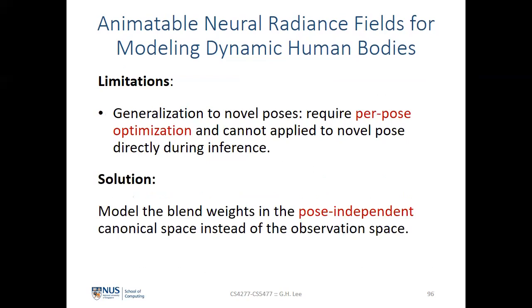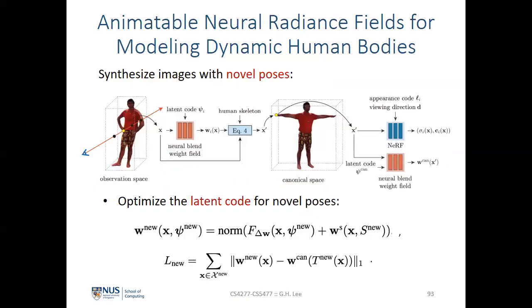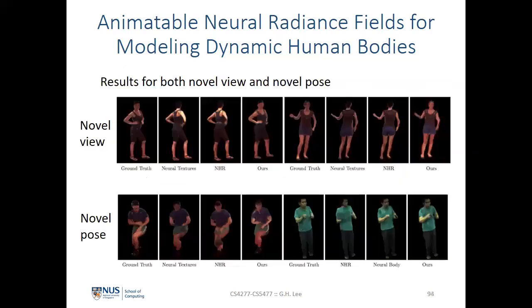What you can do is make the blend weights pose independent, a function of the canonical space instead of the observation space. That means that instead of this W being a function of X in the observation space, you make it a function of X prime in the canonical space. So now it becomes independent of the input pose, and therefore it will be able to generalize.